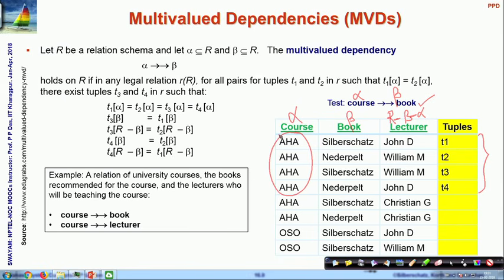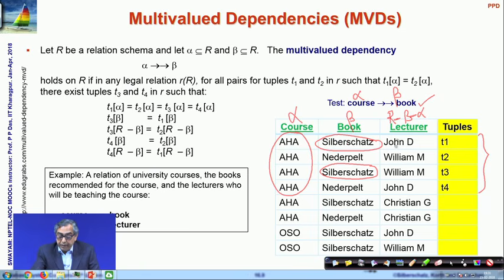So, that is fine. Take the second condition, T3 on beta is Silvers search and T1 on beta is also Silvers search. So, they match, and T3 on the remaining attributes, if I take out beta, if I take out book, it is course and the lecturer that is remaining.